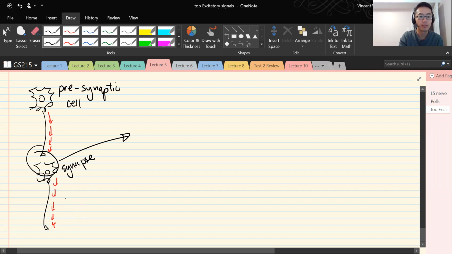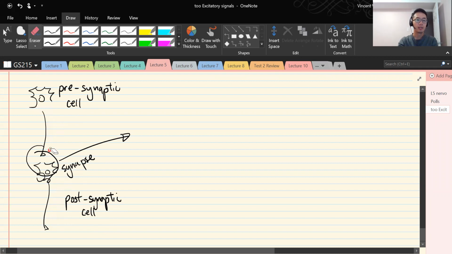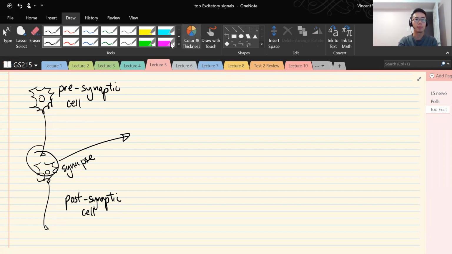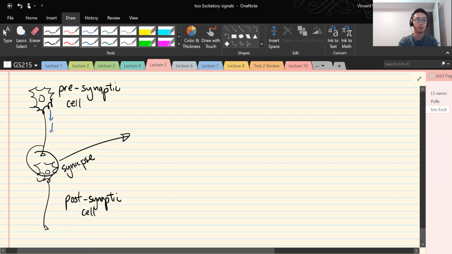And then over here, we have the postsynaptic cell. So the one that's going to be passing on the signal, and this is the one that is going to be receiving the signal. Maybe let's not use red because red was inhibitory before. Let's just use something neutral like blue.